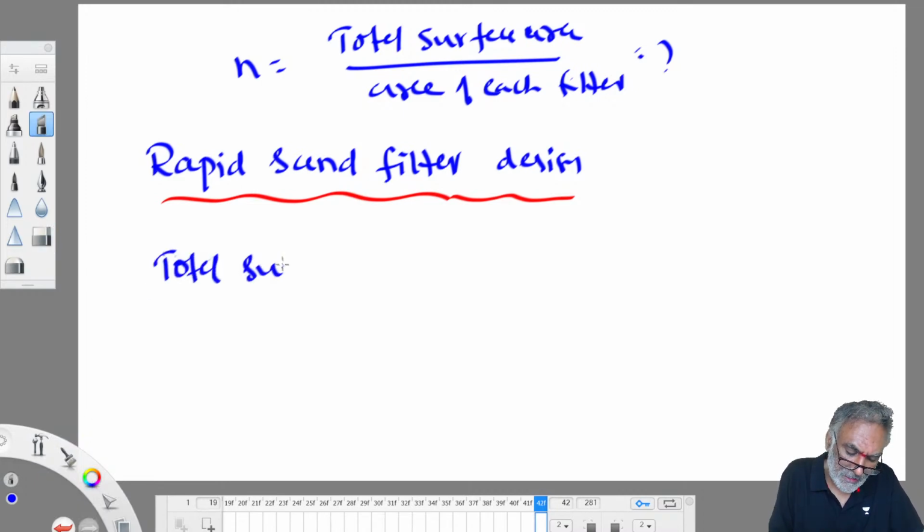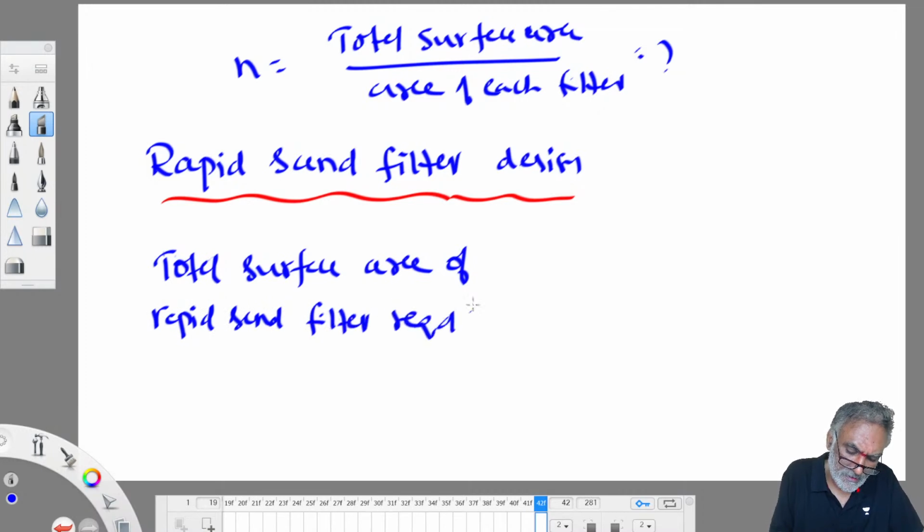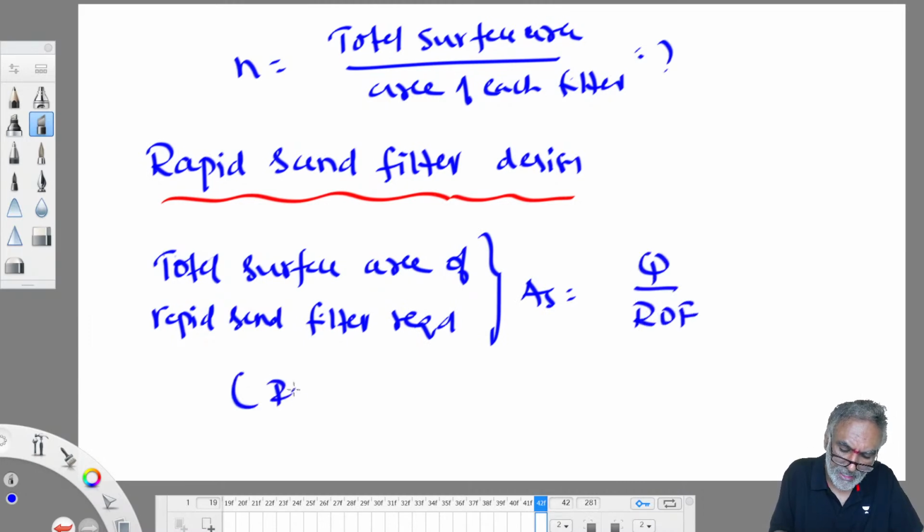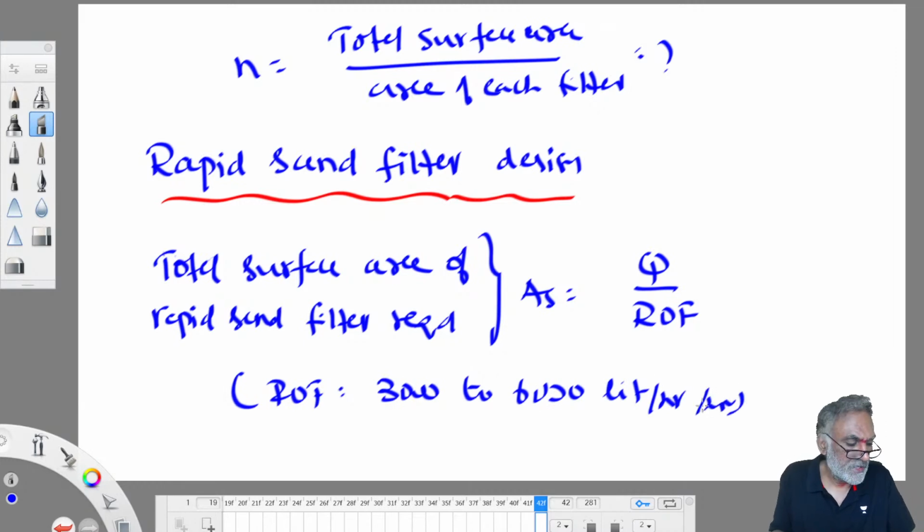First we will work out the total surface area of the rapid sand filter required. This is Q by rate of filtration. Normally the rate of filtration for a rapid sand filter is very high, 3000; he will give you these values. You need not worry. Liters per hour per meter square.